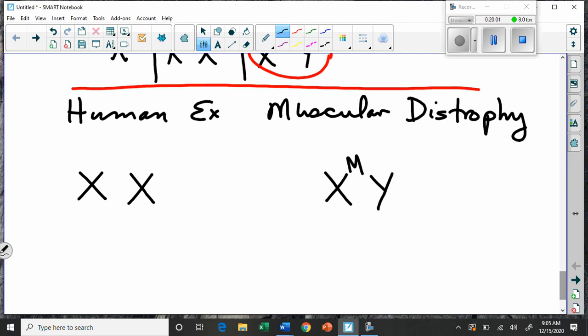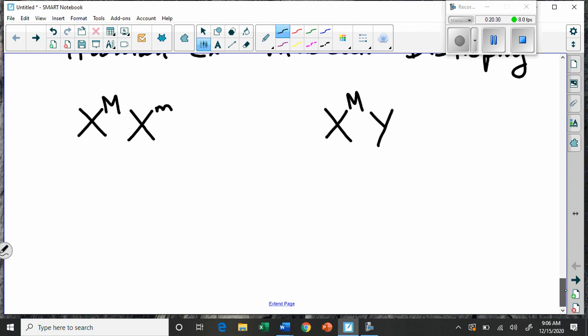She seems healthy, but we don't know if she's a carrier or not. So we could go back in her family tree and we could find out that there were instances of people in her family who had muscular dystrophy. So what we might have to assume, if she was normal, we know that no problem, right? But if we assume that maybe she's carrying muscular dystrophy because it occurred in her family in generations past, and we did the cross, we could figure out sort of what the chances might be. So it's the same cross as we did before, just with different letters.